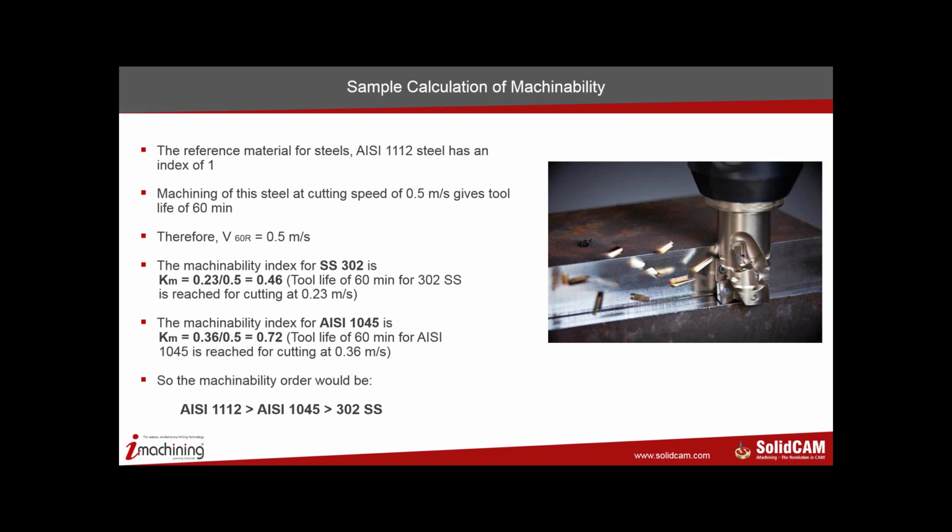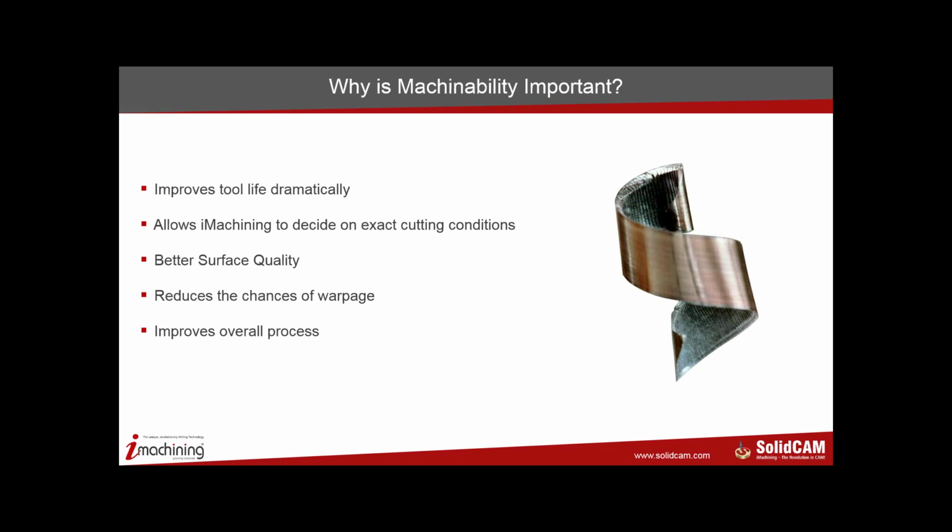So why is machinability important? Machinability is important because it improves tool life dramatically. If you get the machinability right, iMachining can calculate near exact cutting conditions. Trust me, it calculates extremely accurate cutting conditions if you can get the machinability right.